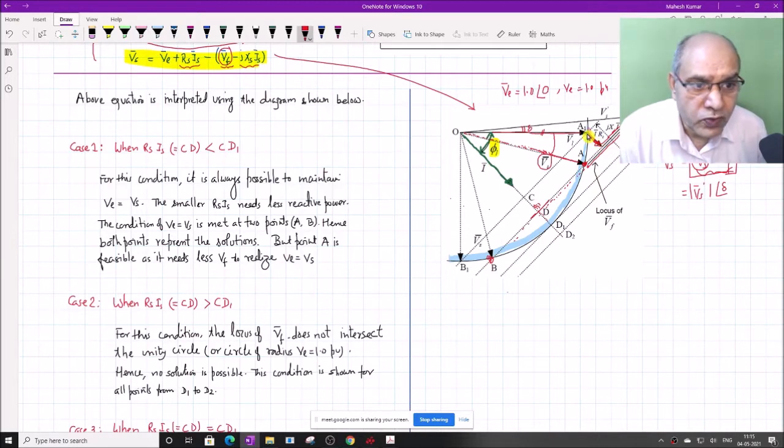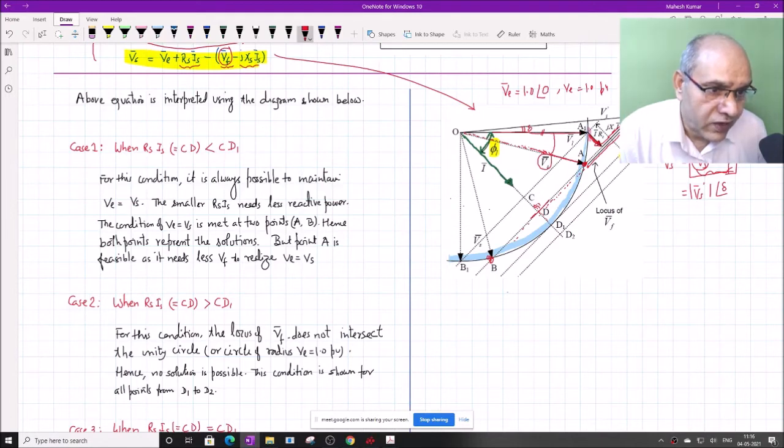So if you look at it from this point of view, then we will compare this IS RS, which is nothing but C to D. The value of IS RS is nothing but the distance C to D. And this distance is being compared with the critical value of IS RS, which is this point here.